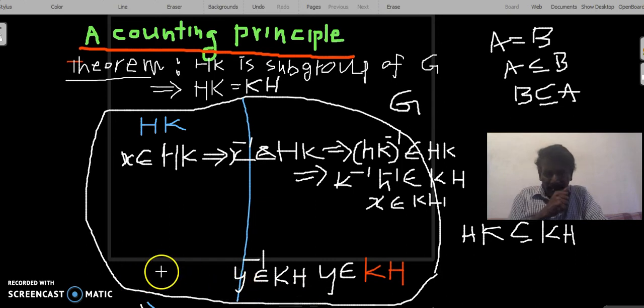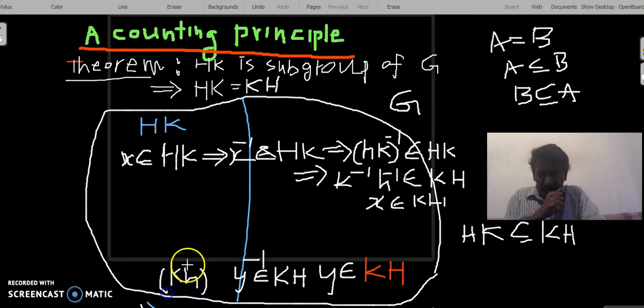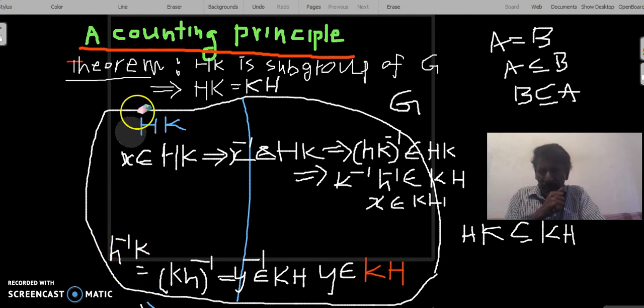So I can write it as (kh) inverse. From the subgroup property, we can write this as h inverse into k inverse.